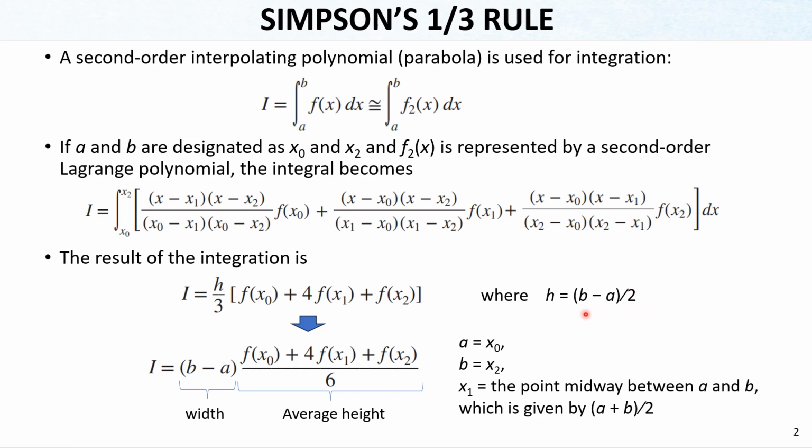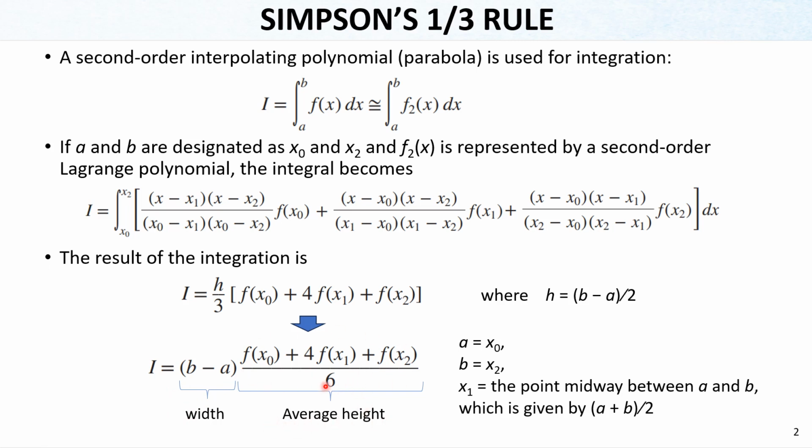If we put this into h, it becomes b minus a, and this 3 is multiplied by the divided by 2, it becomes 6. So the top part is the width of the area, and the rest is the average height.